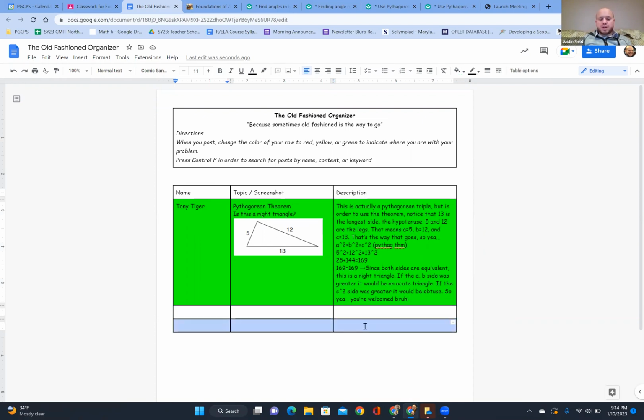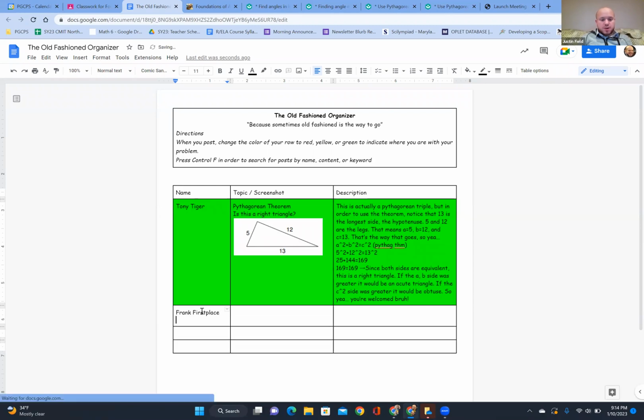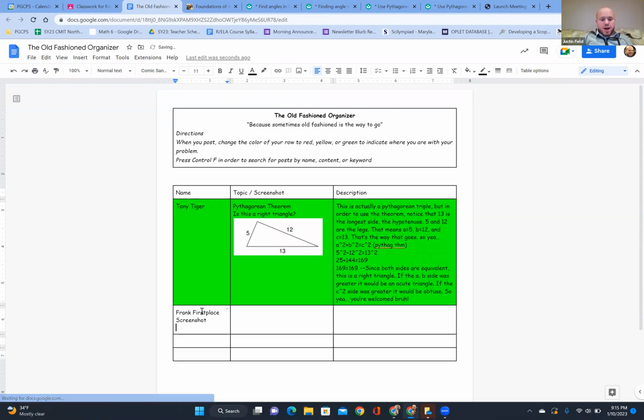Last year, in some classes, someone would post all this in a box. You could say rank first place, then put your screenshot below that and the description below that. So we can do that, or you can claim a row and do it like this.